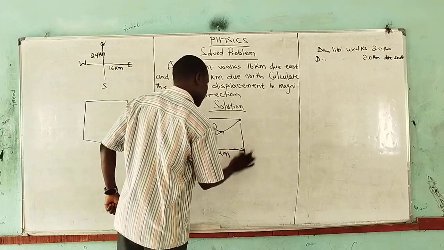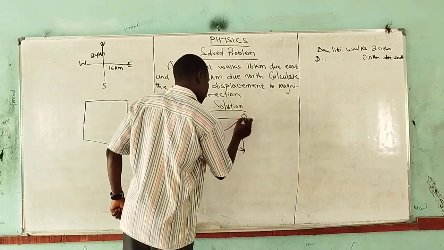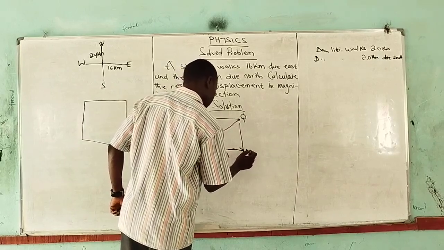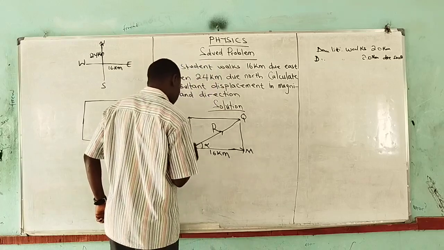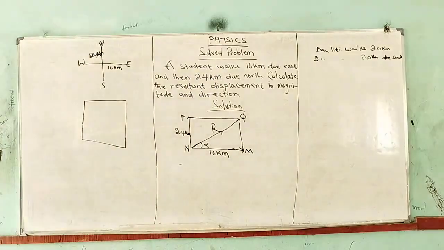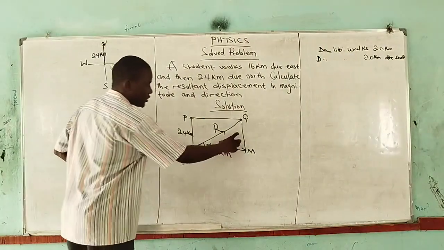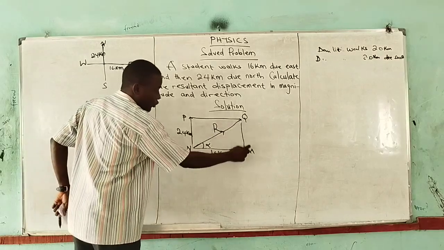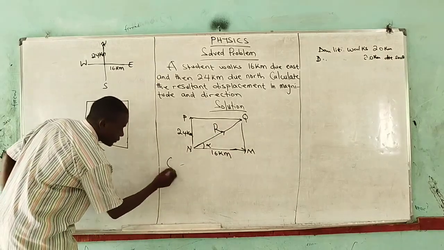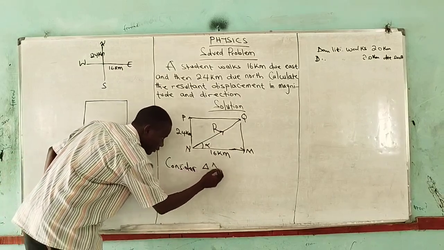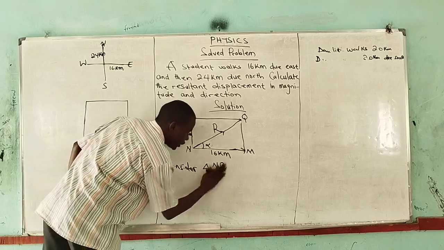P, Q, M, N. Let me just name it this way. So if you consider this triangle, NQM. Consider triangle NQ. Okay, I'm sorry.